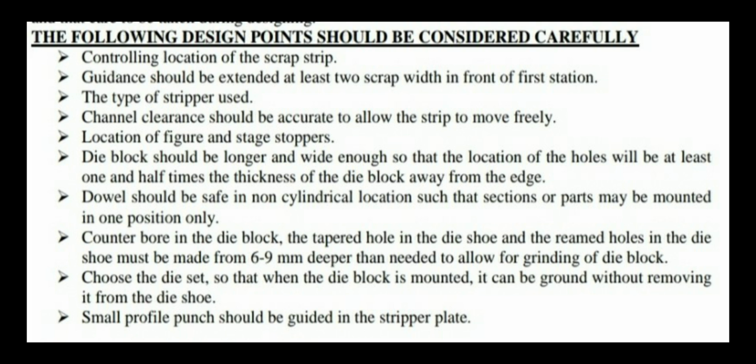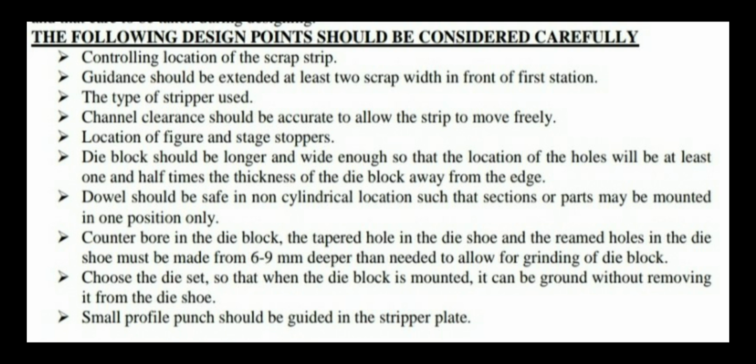The counter bore in the die block, the tapered hole in the die shoe, and the reamed hole in the die shoe must be made 6 to 9 mm deeper than needed to allow for grinding of the die block. This is very important in press operation. Then choose the die set so that when the die block is mounted, it can be ground without removing it from the die shoe. The small profile punch should be guided in the stripper plate.